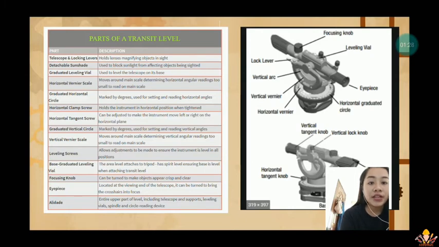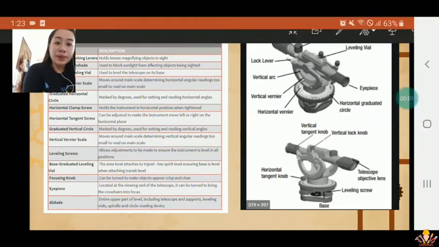The base graduated leveling vial, attached to the tripod, has a spirit level, ensuring the base is level when attaching the transit level. The focusing knob can be turned to make objects appear crisp and clear. We also have the eyepiece located at the viewing end of the telescope. It can be turned to bring the crosshairs into focus.